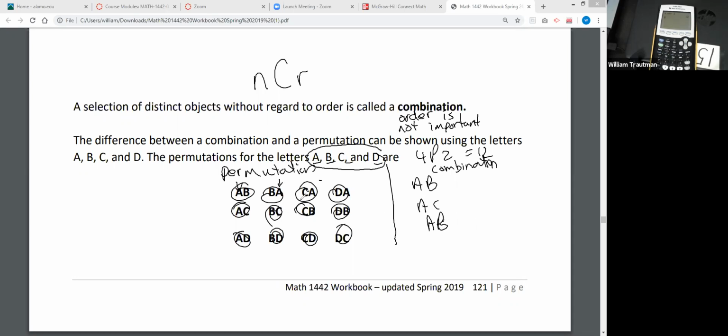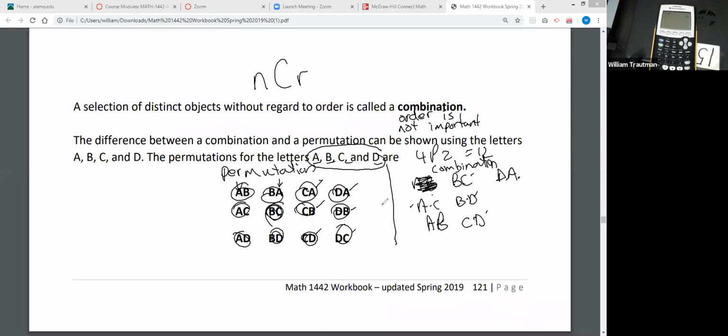BC, CD, DA, BD. So I see AB, BC, oh wait, I wrote down AB twice. AC, AB, BC, BD, CD, and DA.